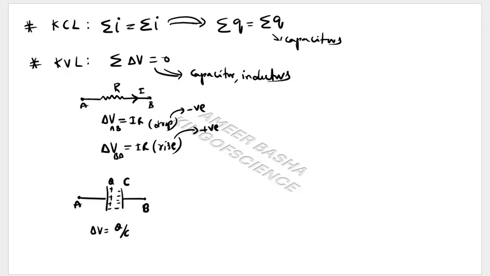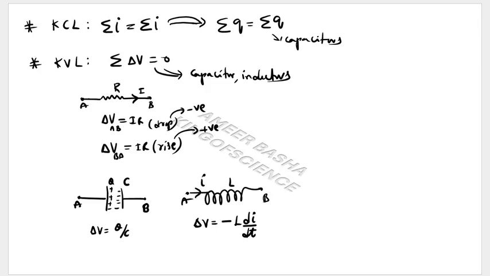If there is an inductor, assume that the current is either increasing or decreasing, then definitely there is an EMF here. The potential difference will be equal to minus L into the rate at which the current is changing, minus L di by dt.